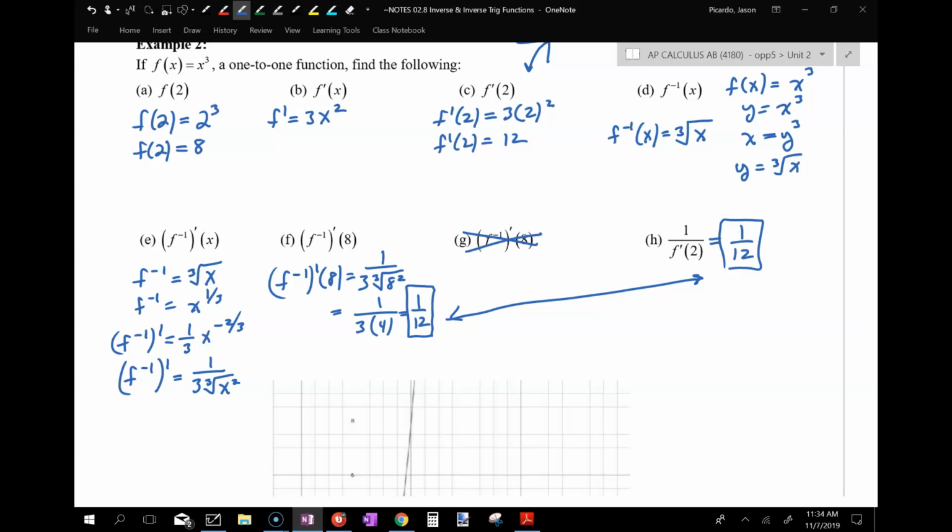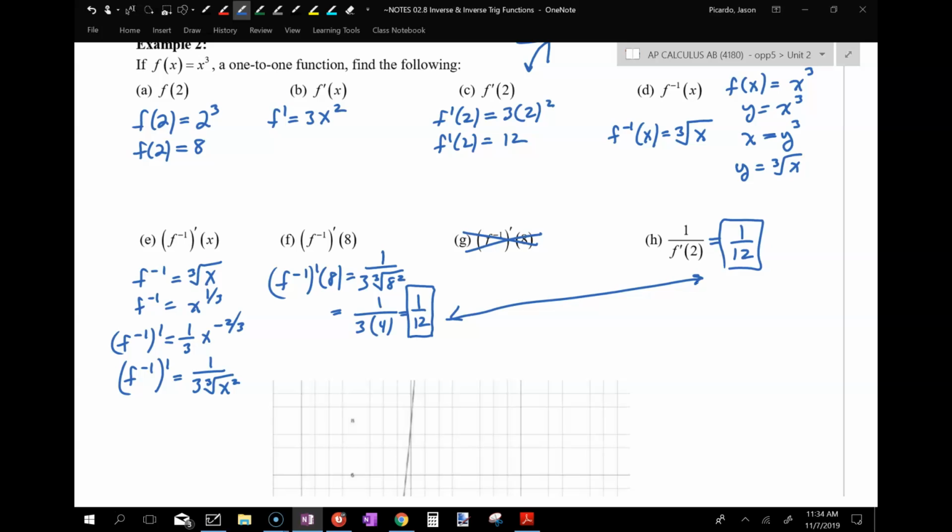All right, so let's break it down. At a value of 2, I was at 8, which is right here. Is that cool? Then it said that I took a derivative. And at 2, I got a derivative of 12. Talk to me about what that means.